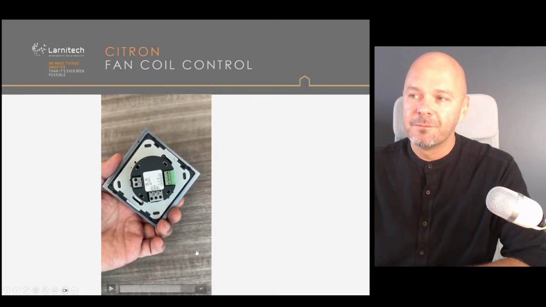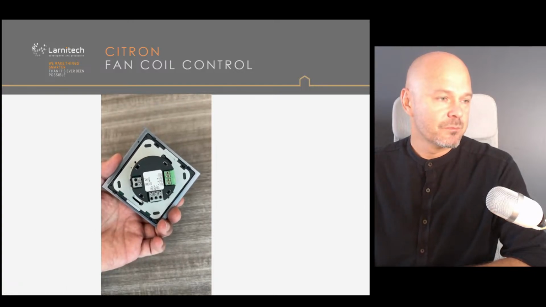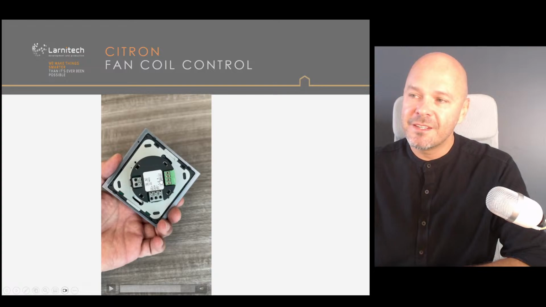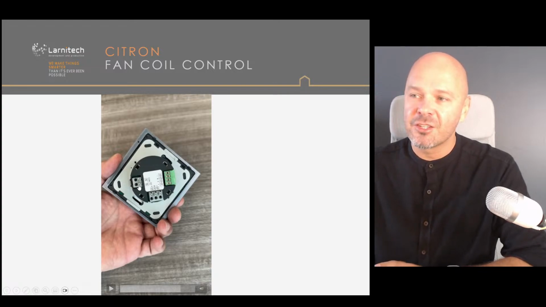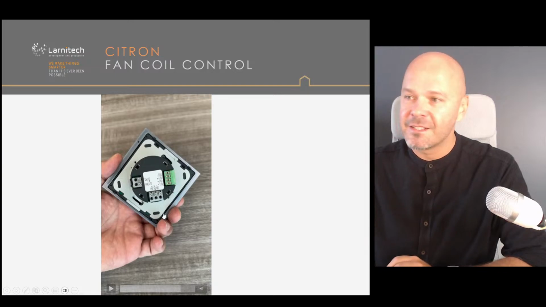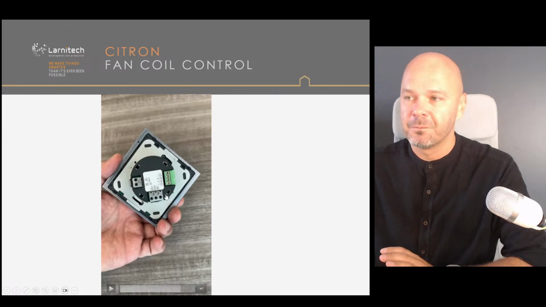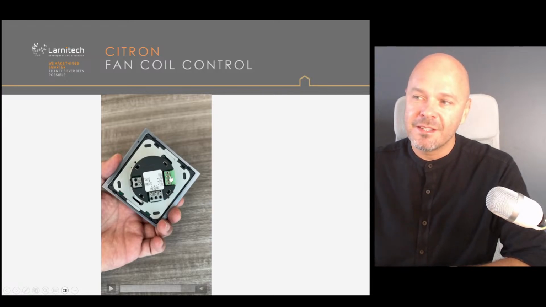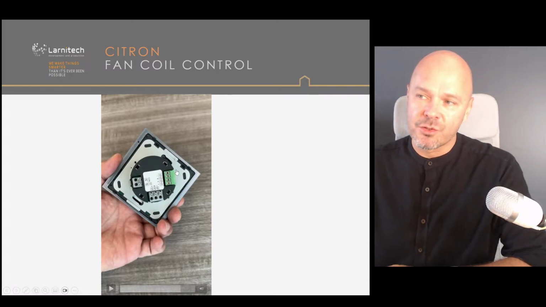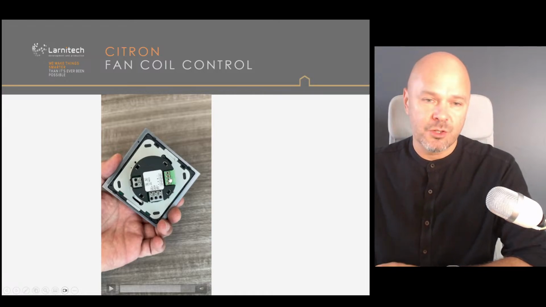But look here at the back: we see this small connection, which is the connection for the valve. The next one is the connection for high, medium, low speeds of the fan, HML. And this green one is the connection to the smart system. So we use this RS485 connection. Citron also makes KNX connections, which we also support.